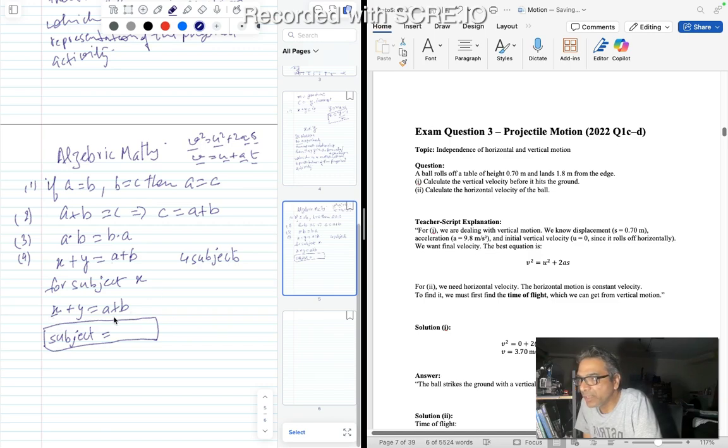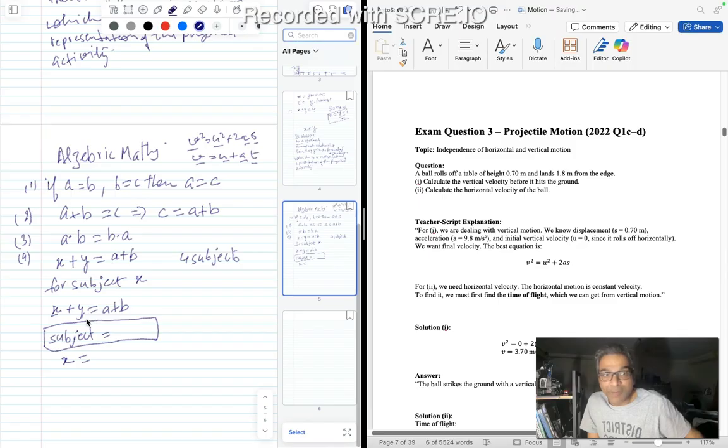This is the equation, right? So what we need is x equals. What do we need to remove? The plus y, right? We need to remove the plus y, not the y. We need to remove the plus y.